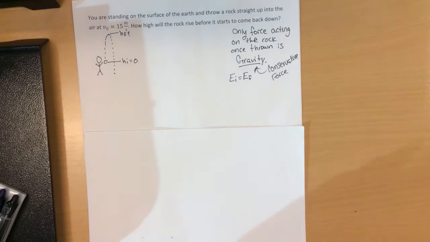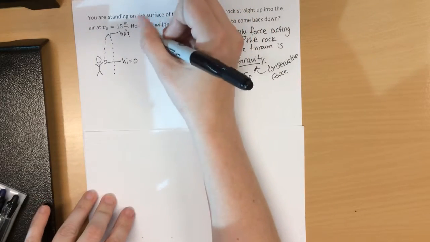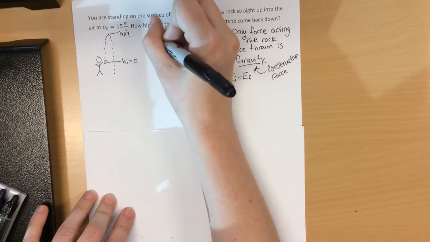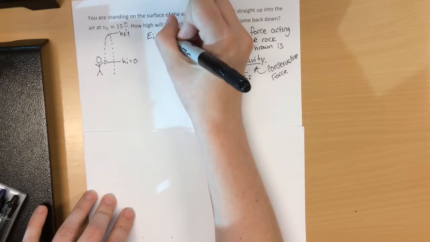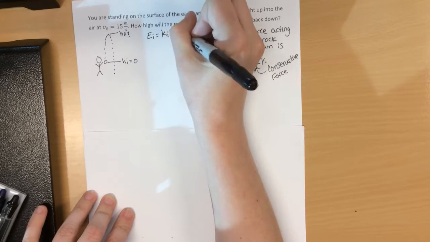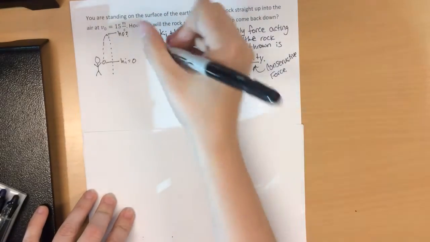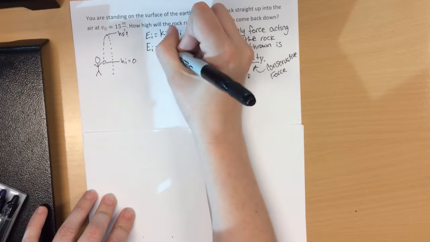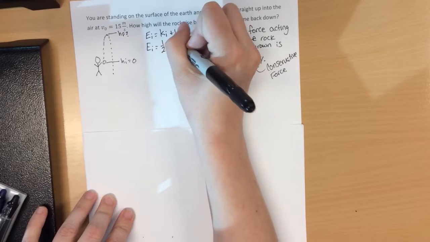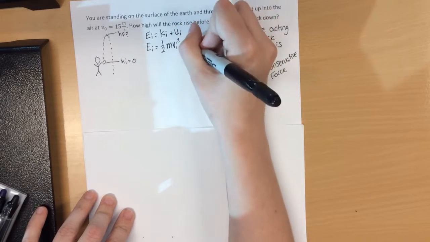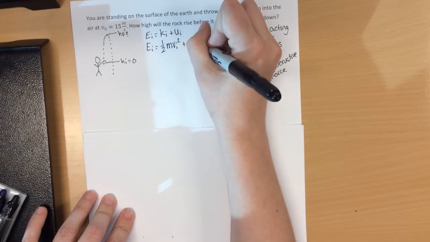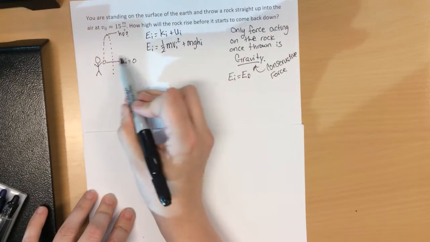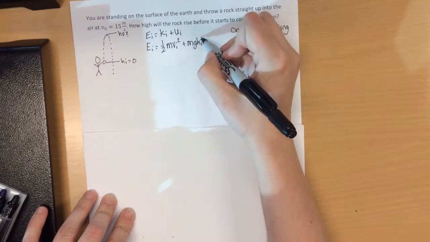Our initial energy is made up of our initial kinetic plus our initial potential. Our initial kinetic is 1/2 m v_i squared, and our initial potential is m g h_i. Because our initial height is 0, this last term does go away.